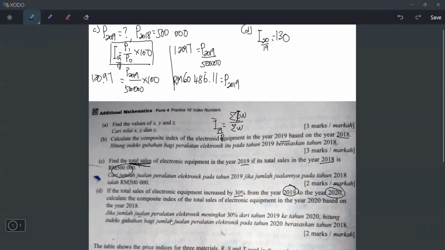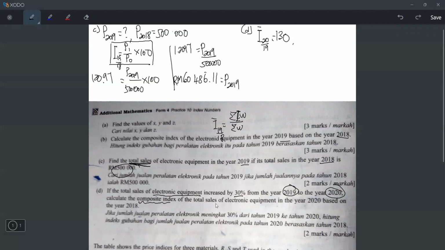But this one is not for single punya, it's for average. Total sales of electronic equipment, the soalan never mentioned P, Q, R, or S, so you can also write I dash. This is actually the composite index. If you write I also, it doesn't matter. Boleh juga.